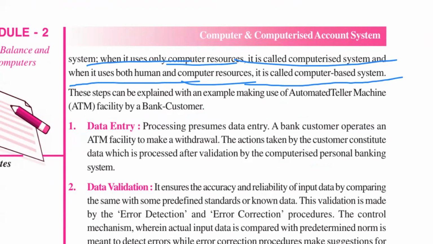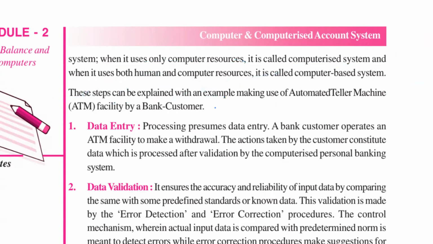If the organization uses both pen and paper as well as computer resources, it is called a computer based system. The steps can be explained with an example, making use of automated teller machine facility by a bank customer. This we will discuss in the next class.